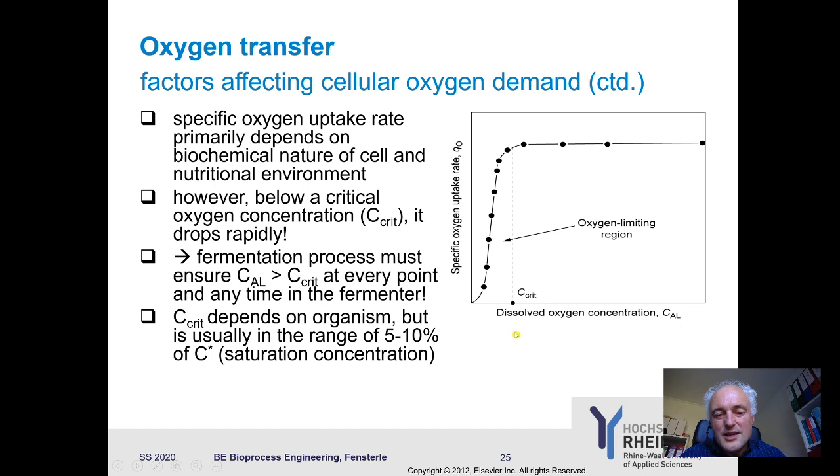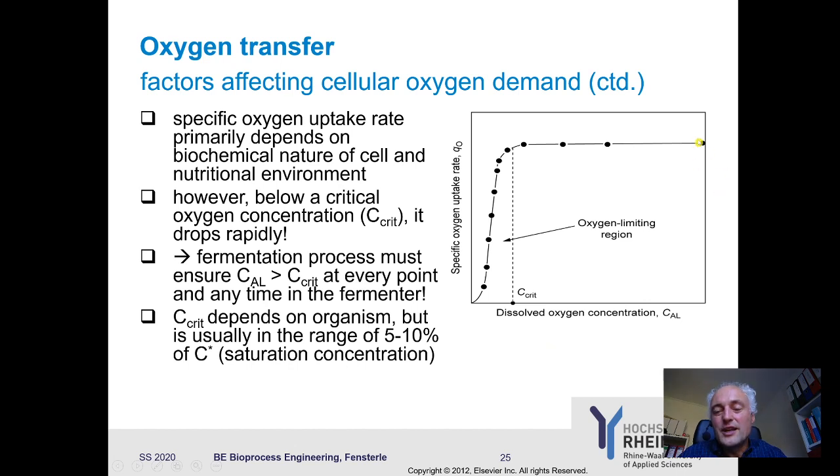So as long as I'm over this critical concentration, I have a quite constant specific oxygen uptake rate. So the growth of these cells in this case is not oxygen limited. However, you have then a rapid drop below this value. So you need to ensure in your bioreactor to stay at concentrations which are in this range. It depends on the organism, but usually it's in the range of 5 to 10% of the saturation concentration.